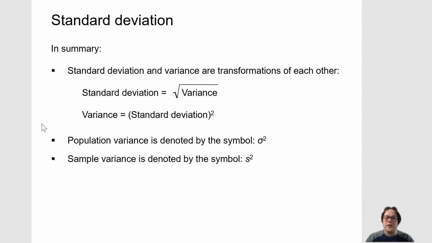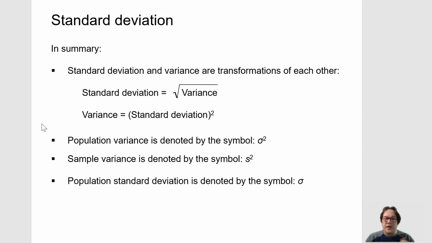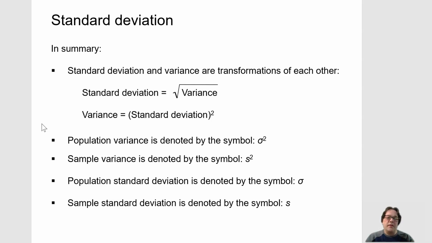Sample variance is denoted by a lowercase italicized s squared. Population standard deviation is denoted by the symbol sigma, and the sample standard deviation is denoted by a lowercase italicized s. Again, sometimes when you see results in an article or publication, standard deviation might be denoted by SD, but this is the mathematical symbol used.